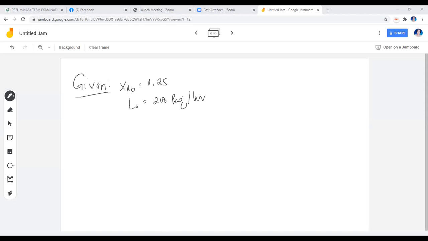A 200 kilogram feed containing 25 weight percent acetic acid is extracted using pure isopropyl ether, the amount of which is 600.